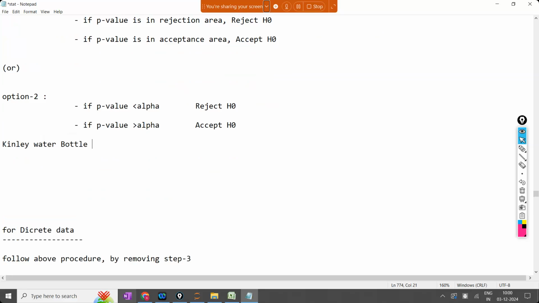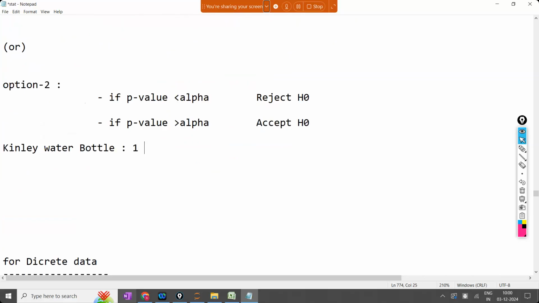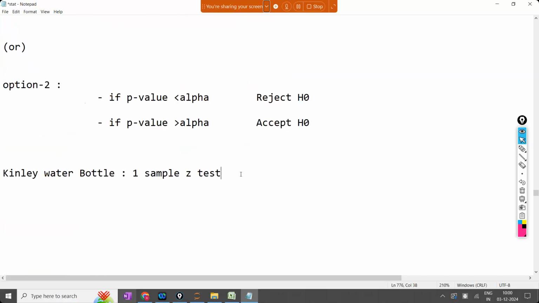In the Kinley water bottle example, first tell me what is the test type? One sample Z test with left tailed rejection. This is the test name.